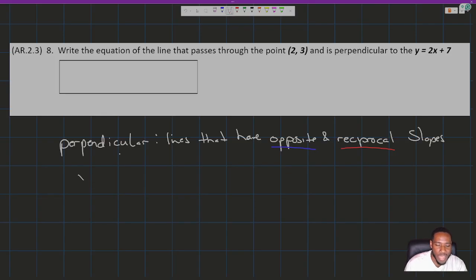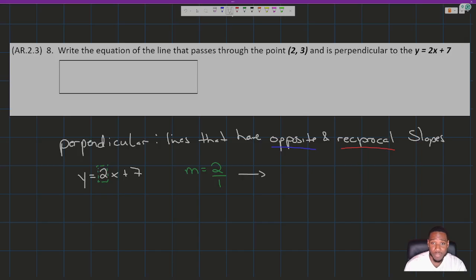So if they tell us that we got this equation, y equals 2x plus 7, and they want us to write the equation for a line that is perpendicular to that one, we have to take its slope, which is 2. Same thing as saying 2 over 1. And we have to find the opposite of that and its reciprocal. So opposite numbers just means that they have different signs.